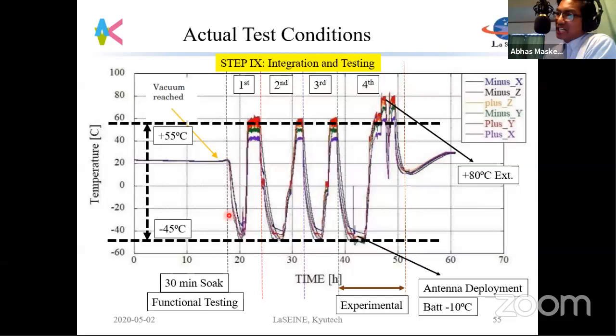So we did 4 cycles. We let it cool down, and then we do a cold start. So the satellite starts, and then we start heating it up. 1, 2, 3, fourth cycle. And in the fourth cycle, we take it to an extreme level and see if the satellite is still functioning and the camera is still functioning.